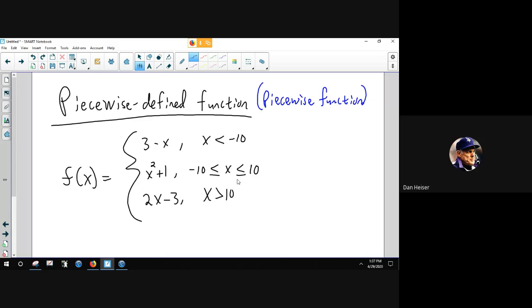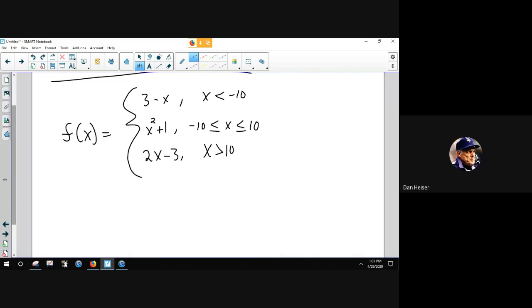Okay. Now that I have a piecewise defined function, let me calculate some values. I want f of negative 15. I want f of 3, f of 8, f of 20. Think of this as you've got a bunch of things that have to be sorted, put them in the right pile, or match them with the correct area.